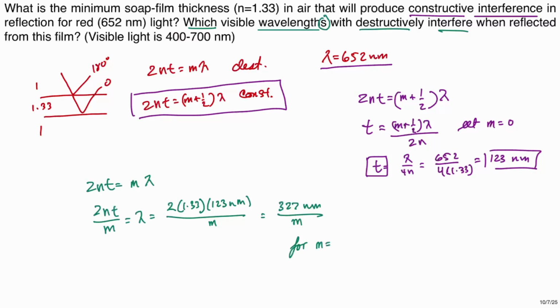For m equals 1, lambda 1 will be 327 divided by 1, or 327 nanometers. Is that one in the visible range? No. What does it say about the visible range in this problem? 400 to 700. So that one doesn't fit, right?